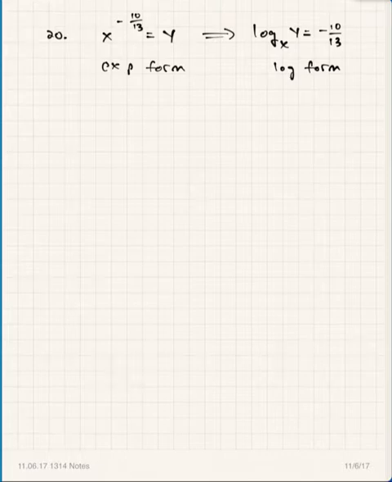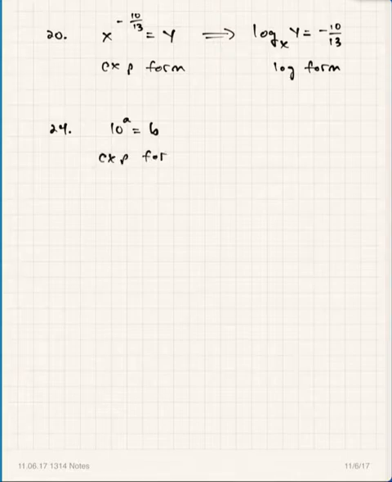All right, let's look at problem number 24. 24 is 10 raised to the a power is equal to b. So that would be our corresponding exponential form. And the log form that goes with this would be logarithm base 10, right?